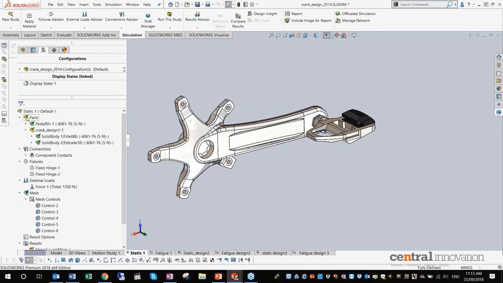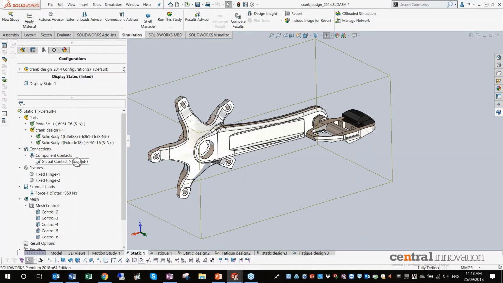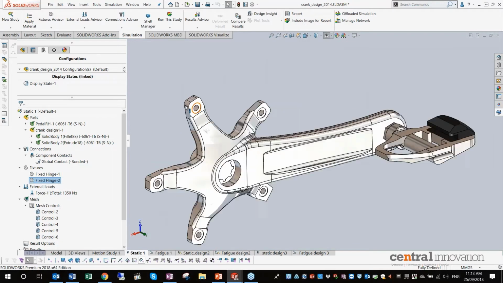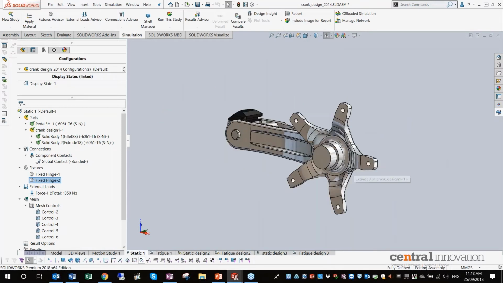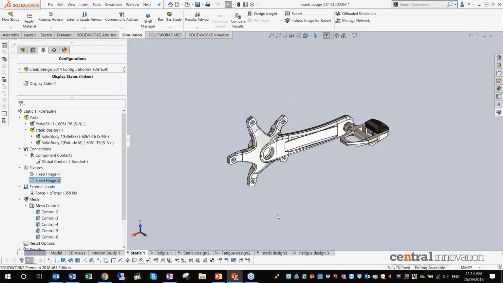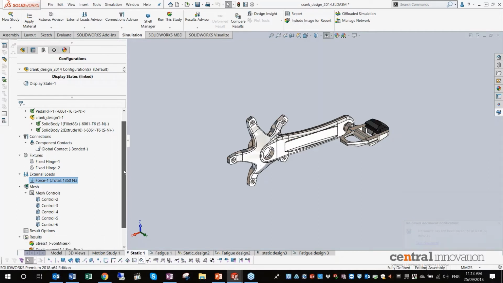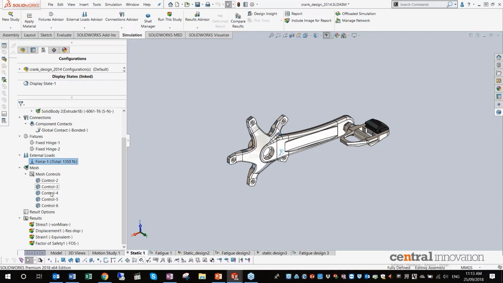You can see the material has been defined for this model. A global bonded contact set was defined for this assembly. A series of fixtures, fixed hinges, have been defined for these holes, and this extrude at the back, to fix the component properly in this space. The external load has been applied to this surface, and you can see a series of mesh controls have been applied to the model.